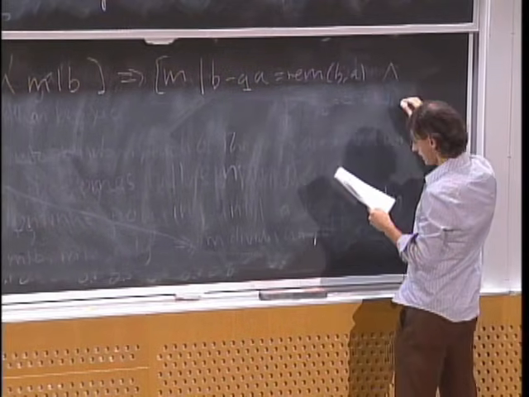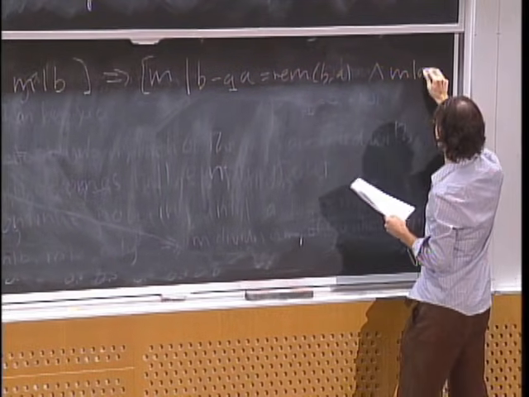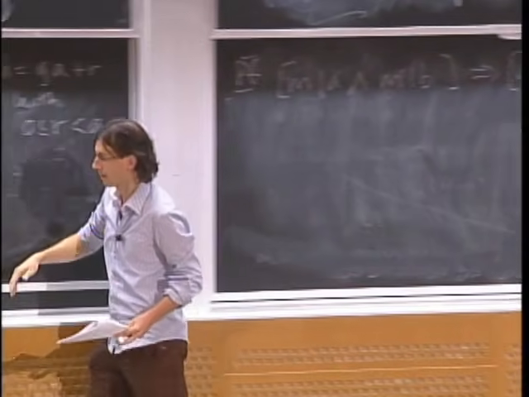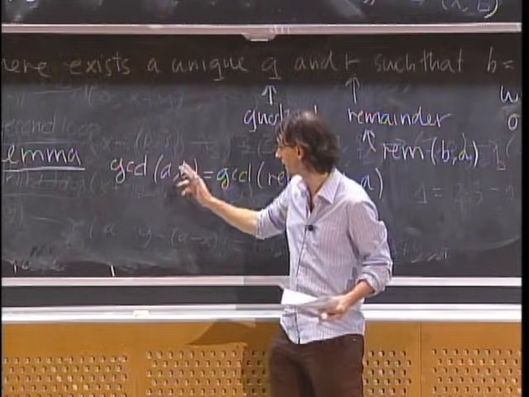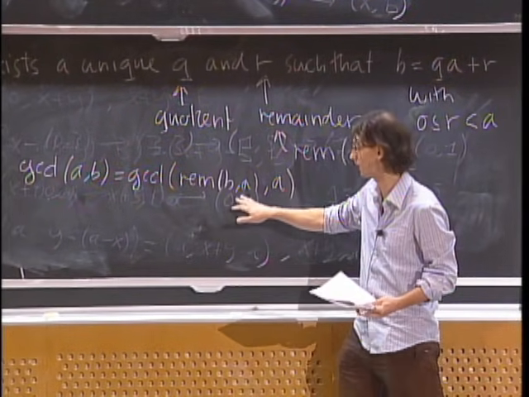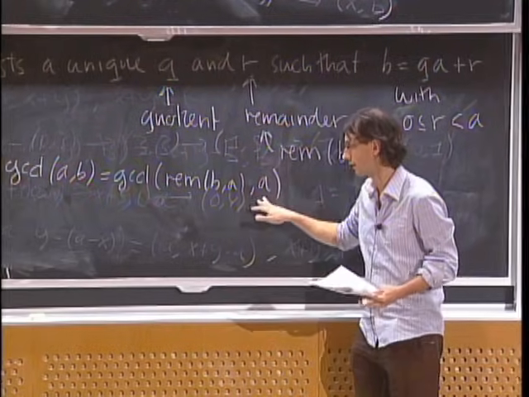Now we also know that m divides a. So what did we show here? We showed that if m divides a and m divides b, then m also divides the remainder of b and a, and m divides a.